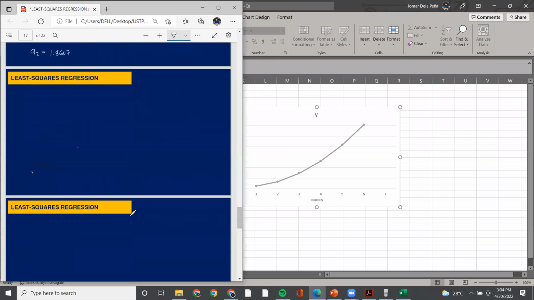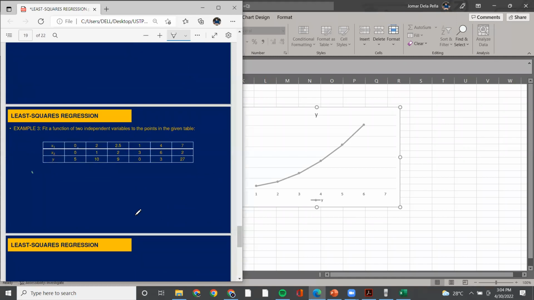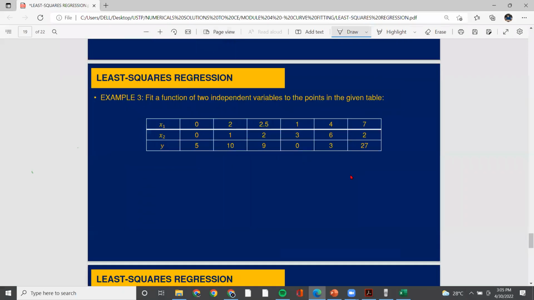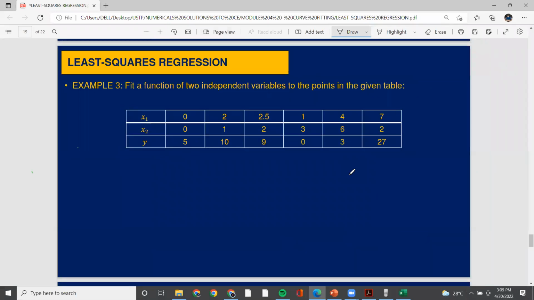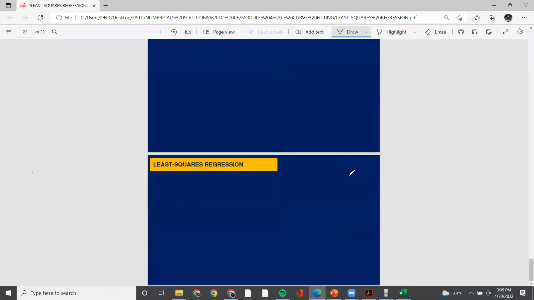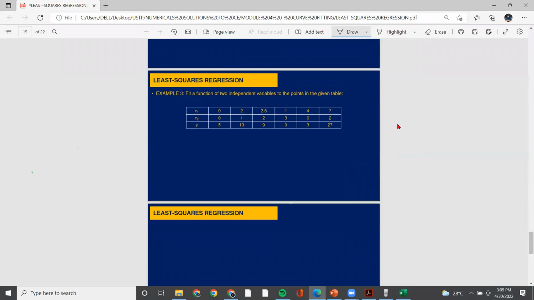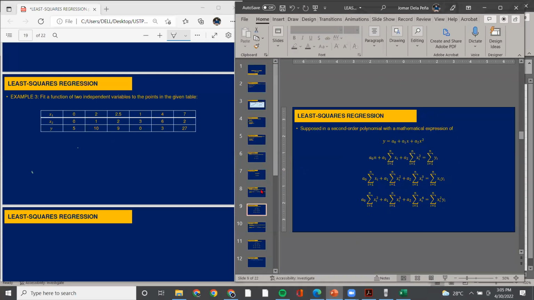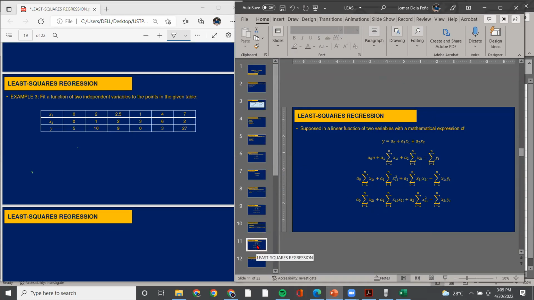Then, for the next problem, we have two x1. This one is the second order equation, and this is a multiple linear function of two variables.